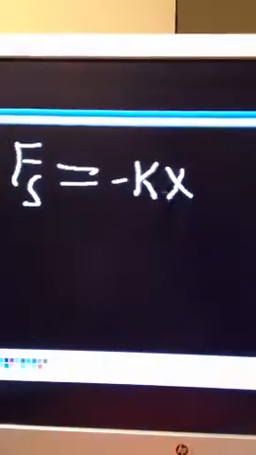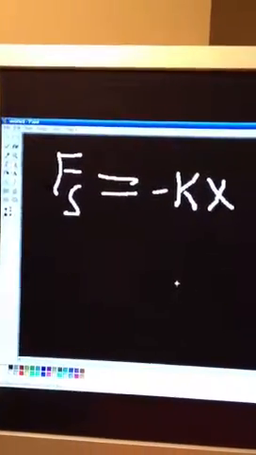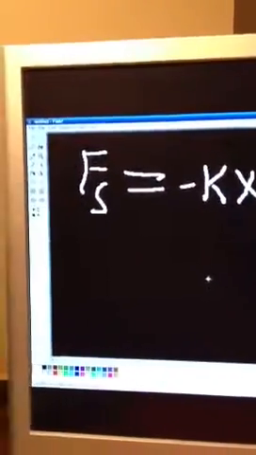The first one that comes up is the force of the spring is equal to negative kx, where Fs is the force of the spring, k is your spring constant, and x is the distance your spring is either stretched or compressed.